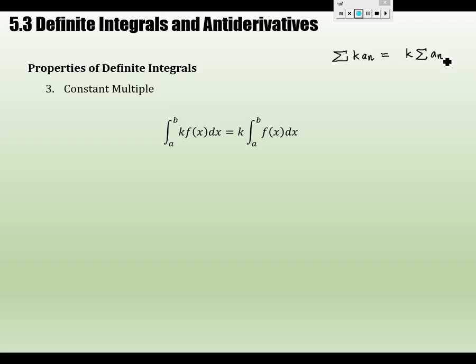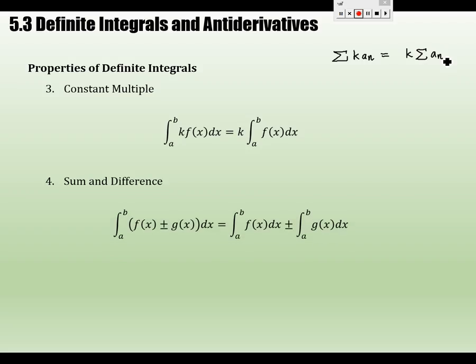A lot of times you factor out a number just because you're lazy, you don't feel like multiplying afterward. So this property is really just that property said that way. Again, we could draw pictures too, but I think that says enough, maybe. Sum and difference. That is to say, if you do the following, this works. Again, this follows directly from a property of summation that you might know from working with sums in pre-calc.